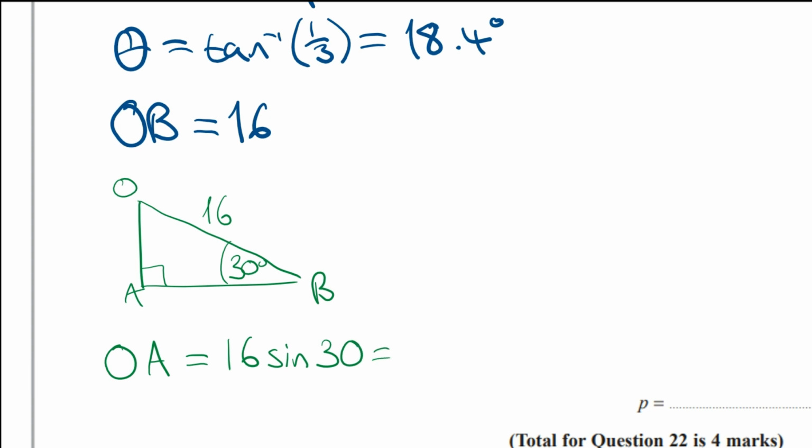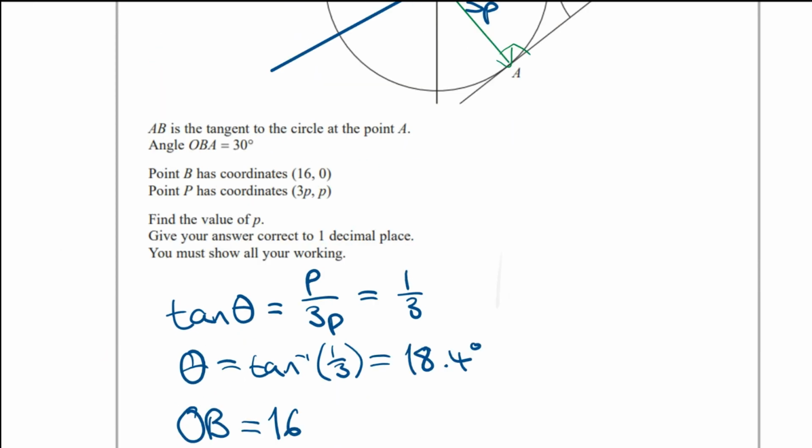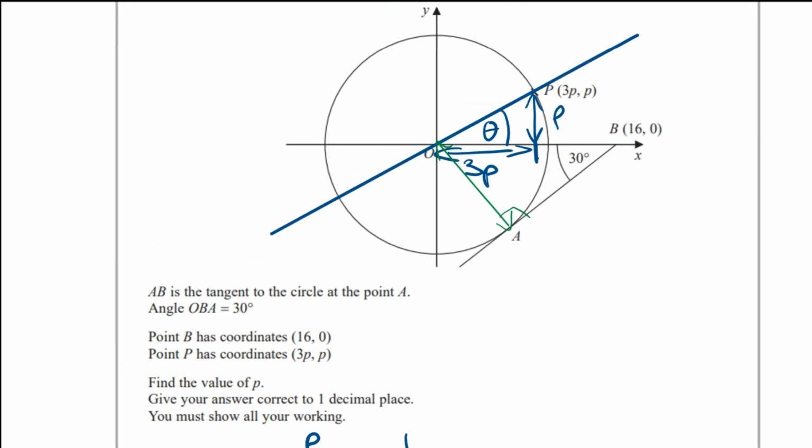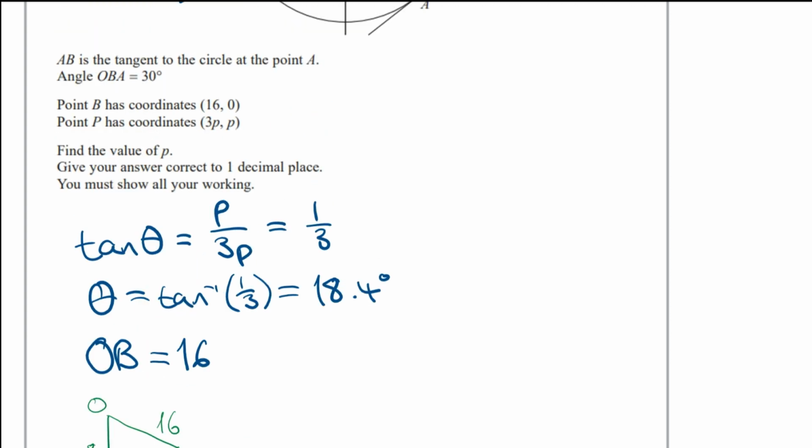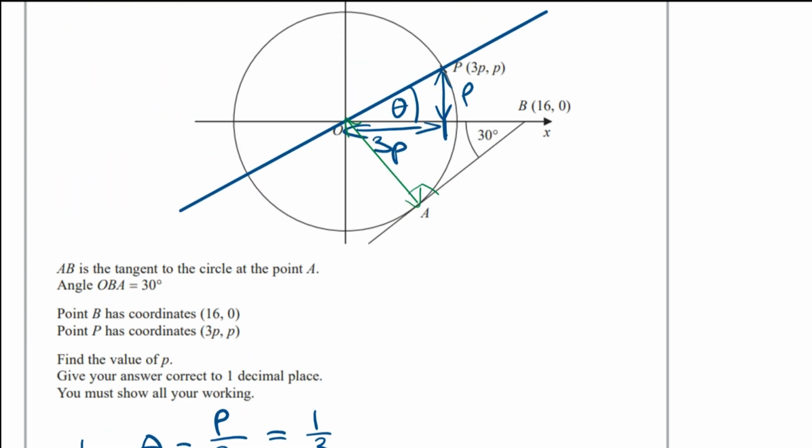Which equals, get my calculator again, 8. So we have our radius now of 8, because obviously that's going to be the same for the whole circle. We also have theta, so we've got our radius. I'm going to change colour again. So we have the length of our radius and we have our angle here.